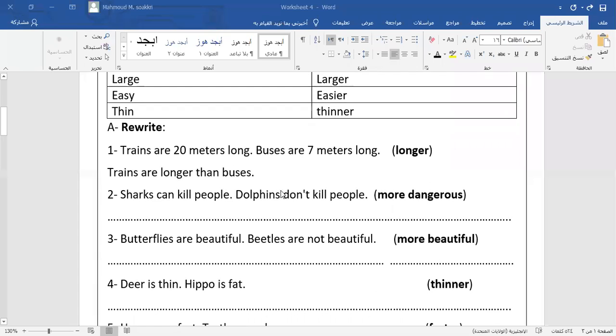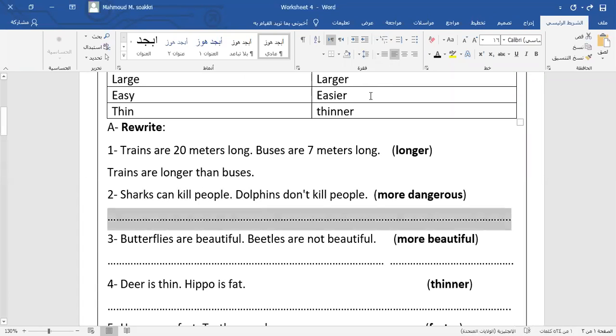Yes, mister. Sharks can kill people. Dolphins don't kill people. We want to use more dangerous. Which is part 1 here? Which animal are we comparing? I don't understand. Okay, let me help you.